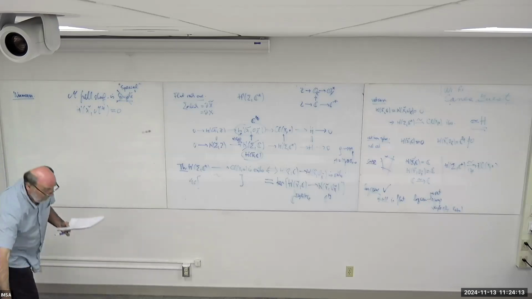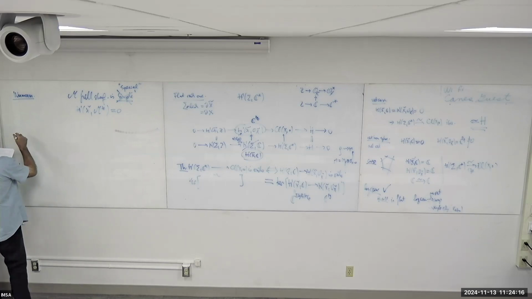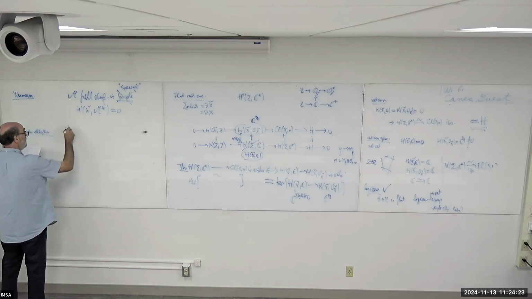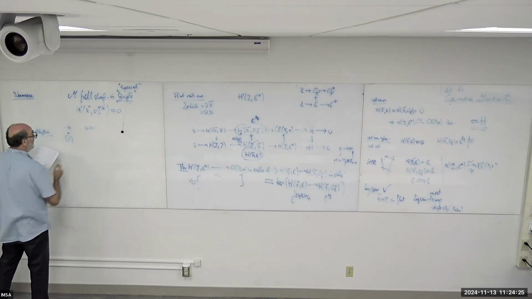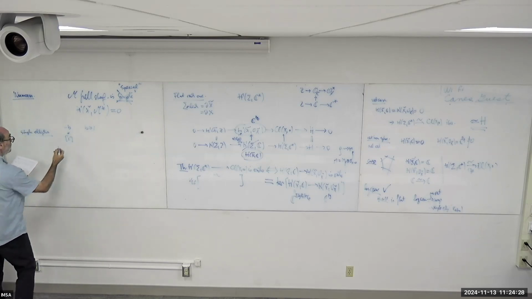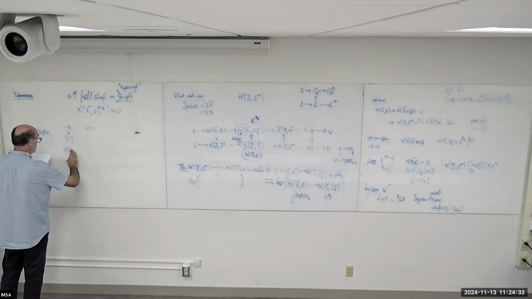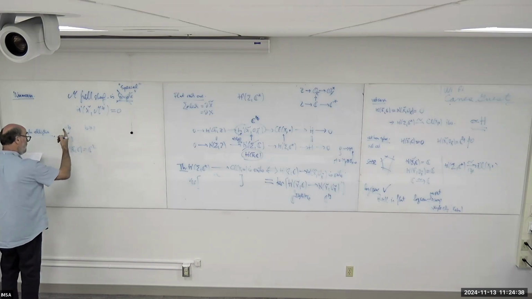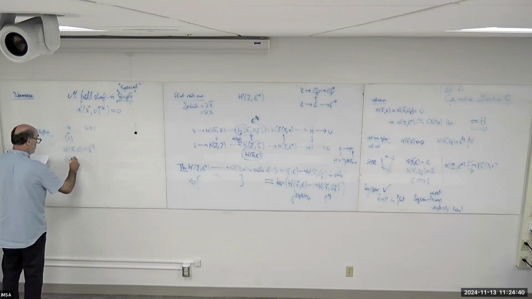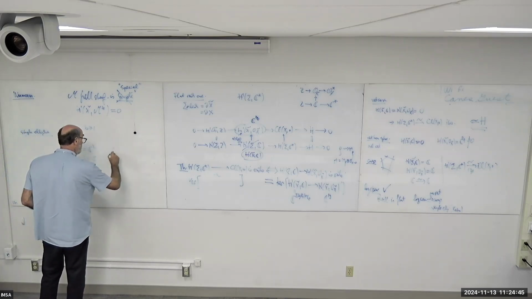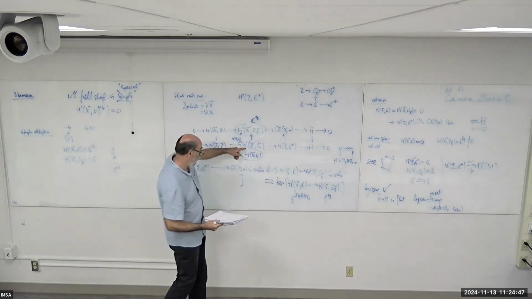So what is the meaning of simple elliptic? The simple elliptic means then the resolution graph is something like this, minus b. And in that case, actually it's E, it's an elliptic curve. So H1 of X tilde, C is a C squared, but it's an elliptic singularity, so H1 of X tilde, O is a C. So we have that C squared and C, so that is our map here.